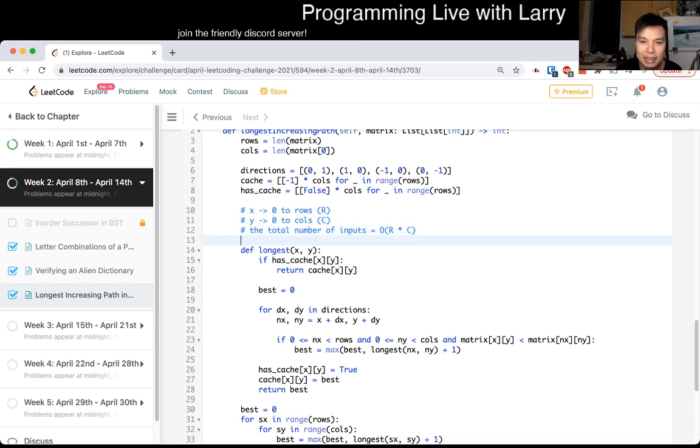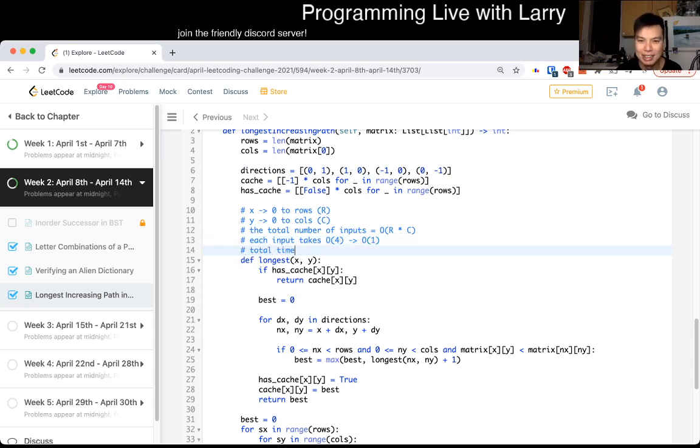And then for each possible input, each input takes O of 4 work, which is obviously O of 1, because this direction thing only has 4 entries. And I guess I didn't explain this part because I take it for granted, which is that this is just up, down, left, right in some way for the dx, dy.